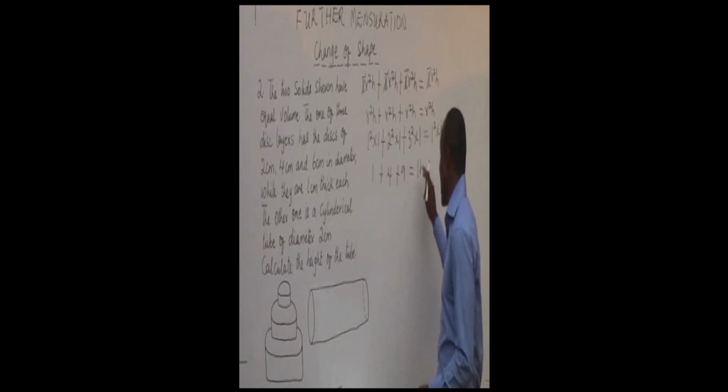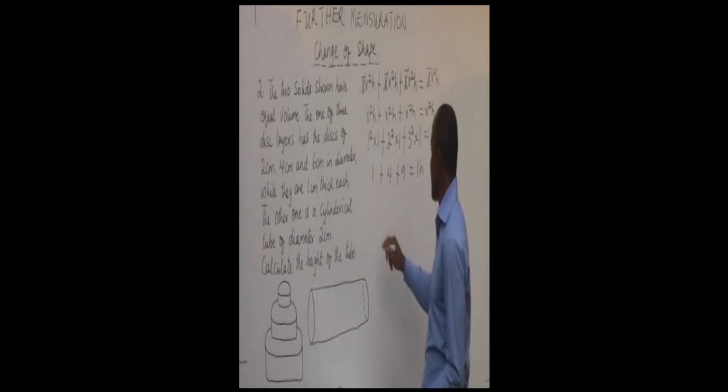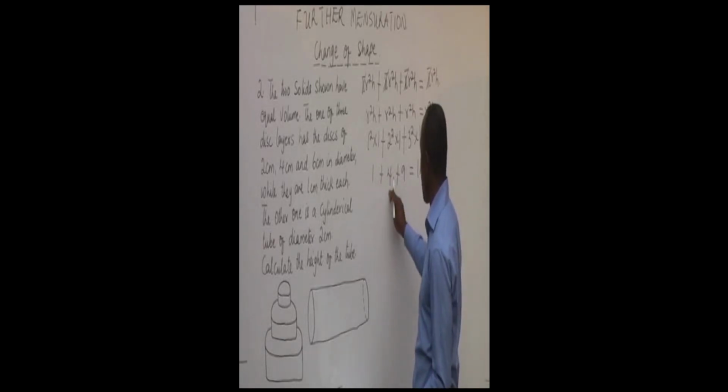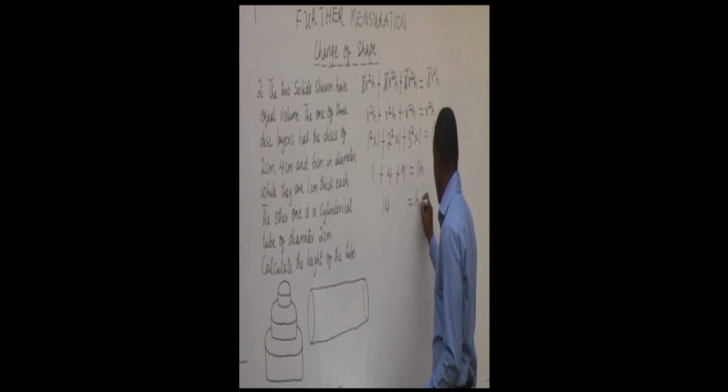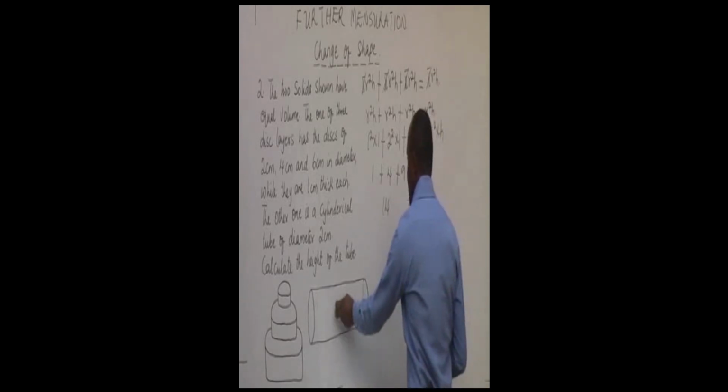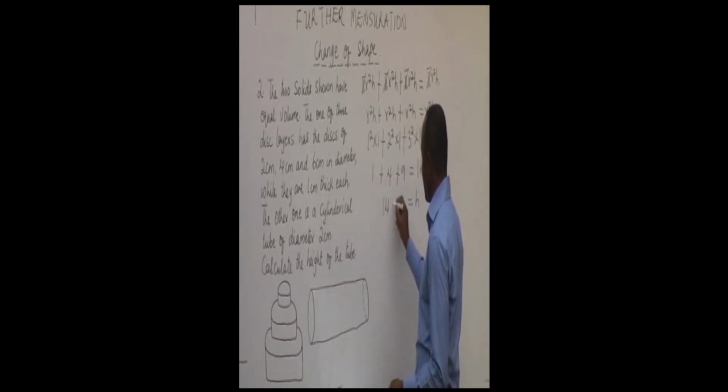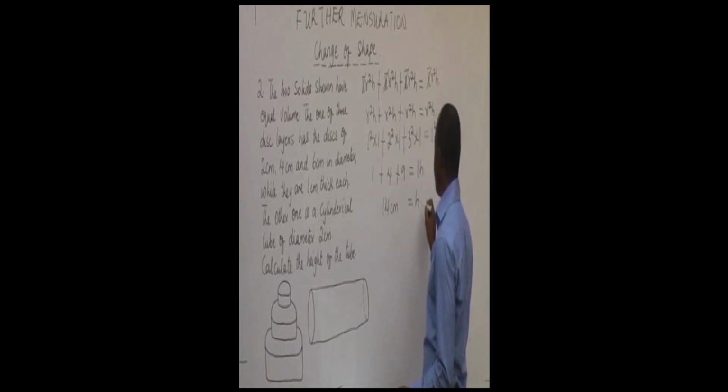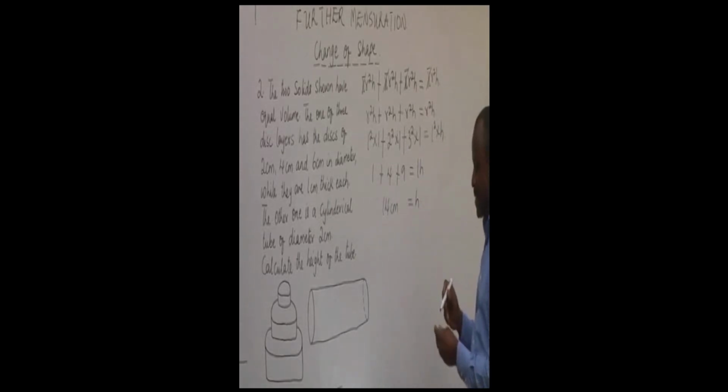You can just have it that this means h. So by the time you add 1 plus 4, 5 plus 9, which is 14, that means h, which the question is asking for, is 14 centimeters. And that has answered that question.